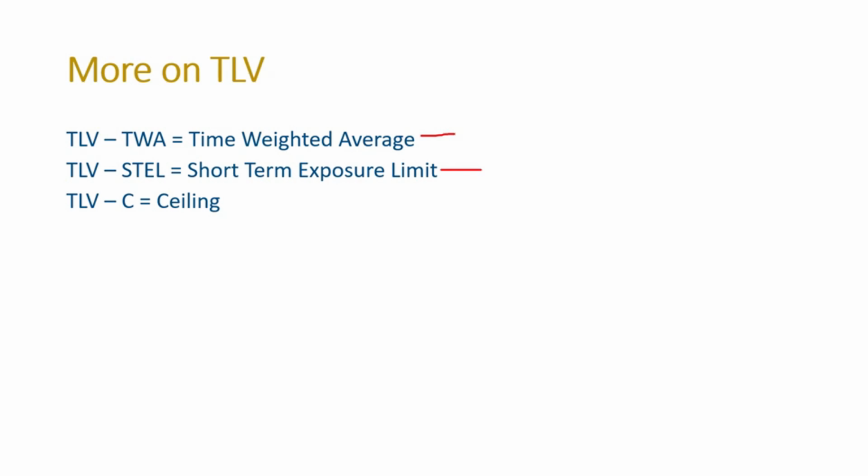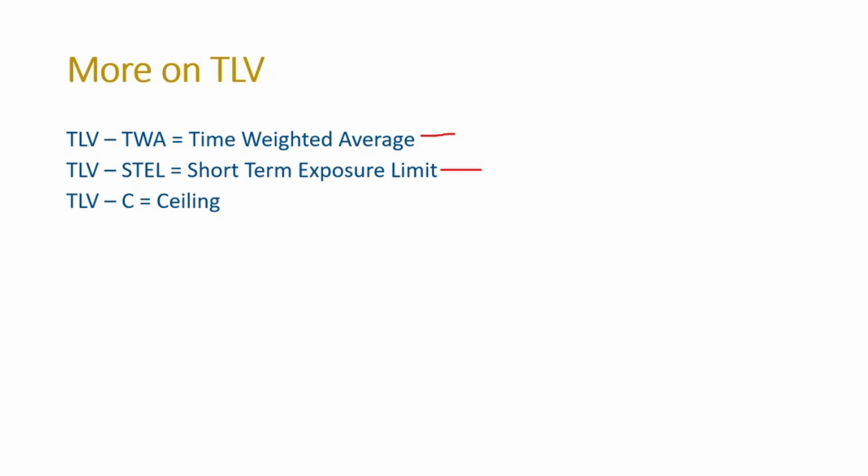A short-term exposure limit, the TLV-STEL, is a higher concentration that is believed a worker could be exposed to for a short period of time and not suffer any adverse effects.